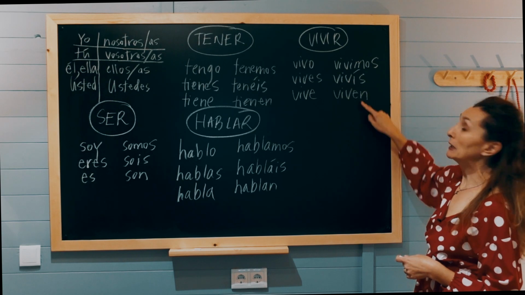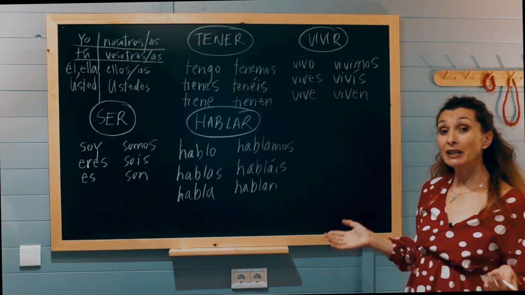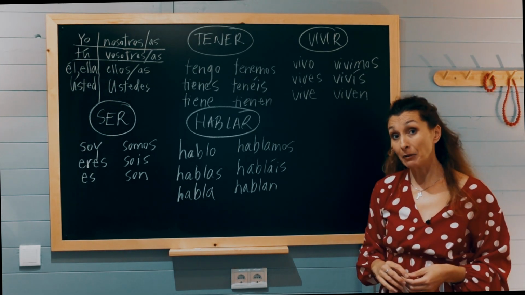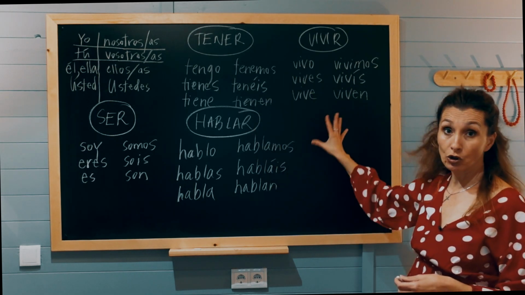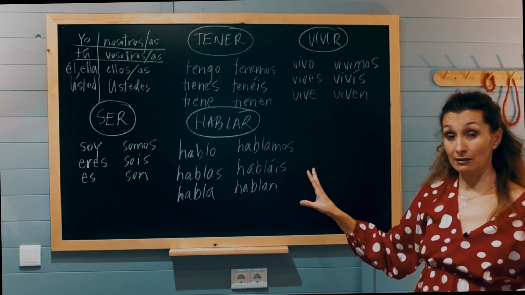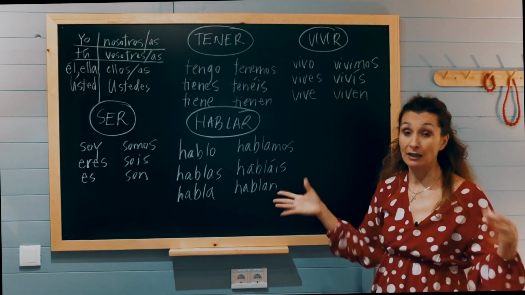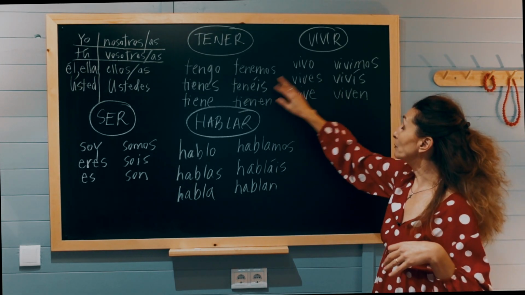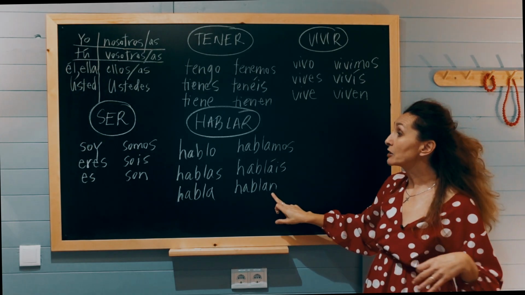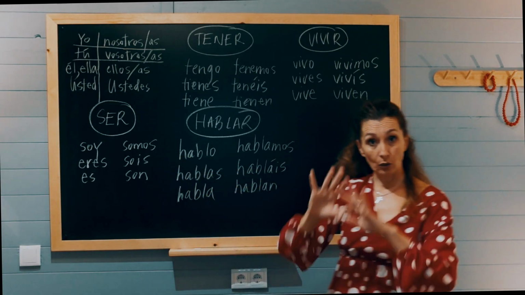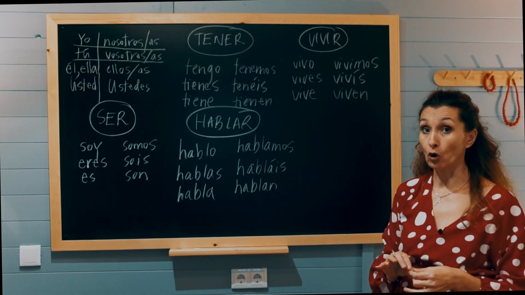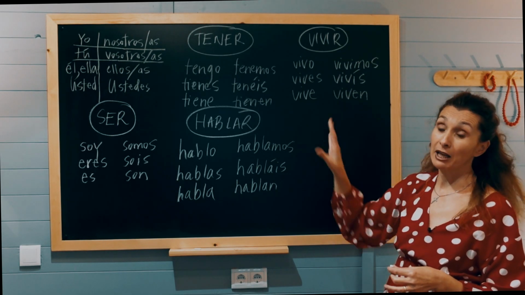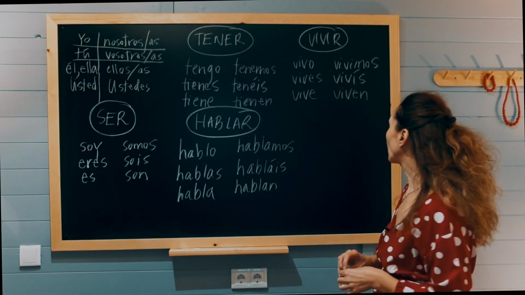We live, you live, they live. In Spanish, vivo, vives, vive, vivimos, vivís, viven. All these conjugations here are just in the present tense, okay? Present simple, let's say. I live, you have, they speak, we are. So all of these are just present tense conjugations of very basic verbs, okay?